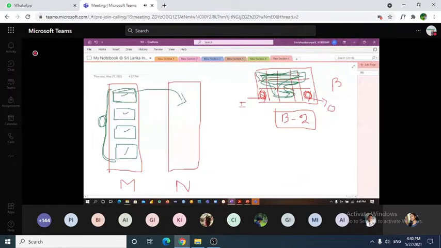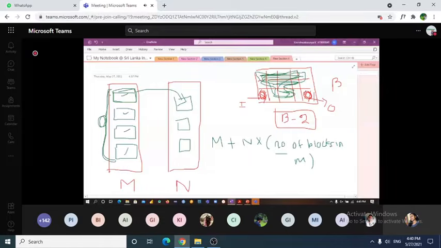These N pages are read the number of blocks times, so the number of blocks in M. This much of times the N pages are read. We don't know how many blocks are there in M, but since they have given the buffer size and the number of pages, we can find the number of blocks. That is one thing we have to know how to do.